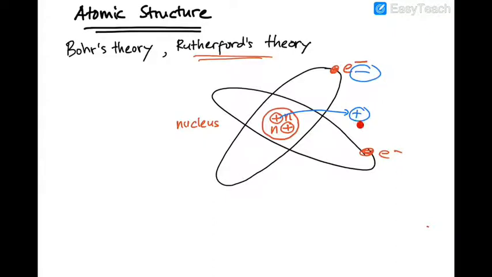Meaning that at some point the oppositely charged particles would interact, and the electrons would at some point collapse into the nucleus. If this collapses, then of course the atoms will no longer exist anymore.